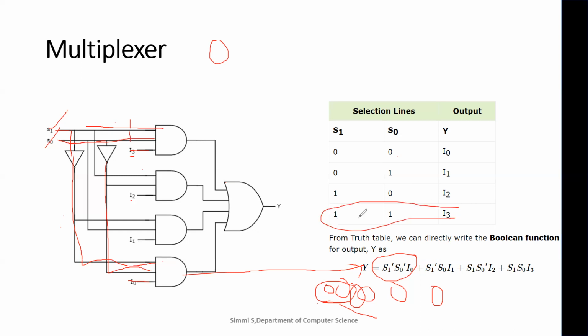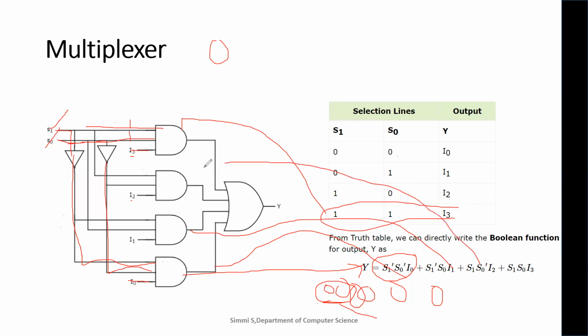For this particular case, we'll be getting it here. Then I1 will be getting here, I2 here, and I3 here. And all these results are passed through an OR gate. Then we will be getting the final Boolean function for the multiplexer.